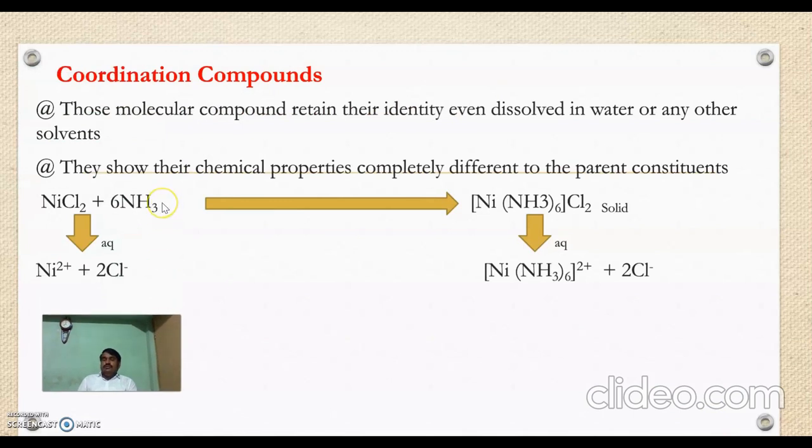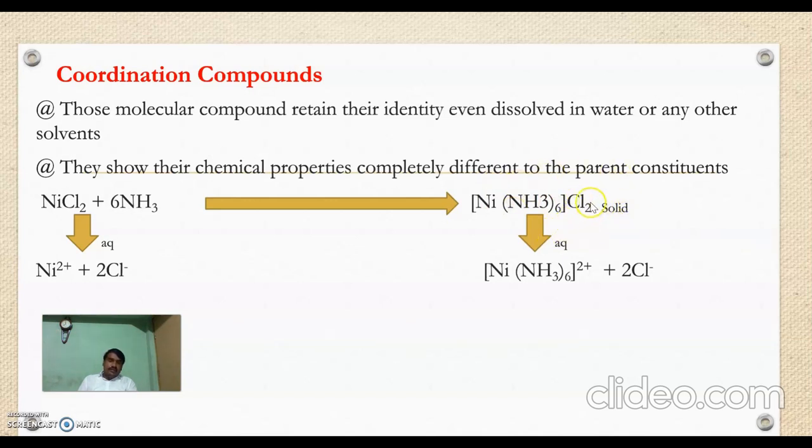So those molecular compounds retain their identity even when dissolved in water or any other solvent. They show their chemical properties completely different from the parent constituents. For example, nickel chloride plus ammonia gives hexaamminenickel(II) chloride in the solid state.